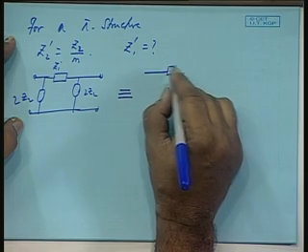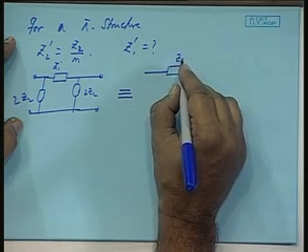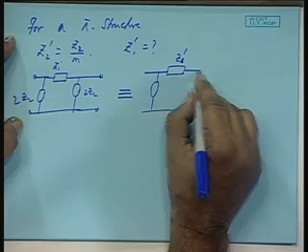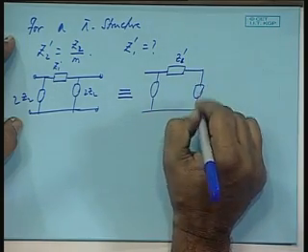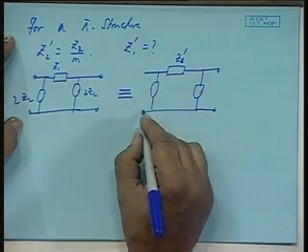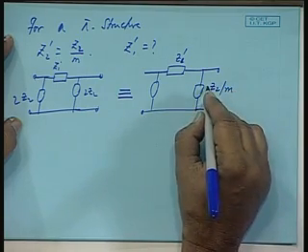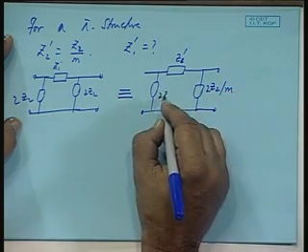What should be this value? Z2 dash, Z1 dash, this we have taken as Z2 by m. So, it will be twice Z2 by m, twice Z2 by m.